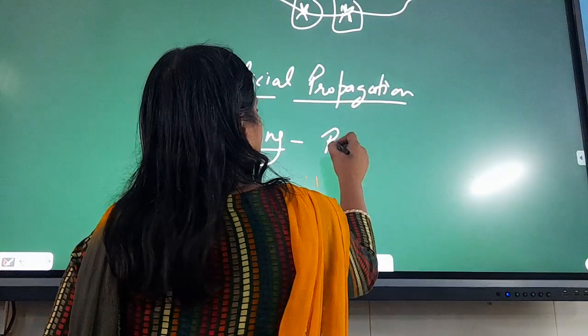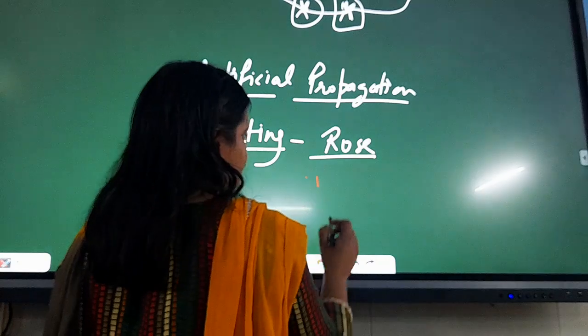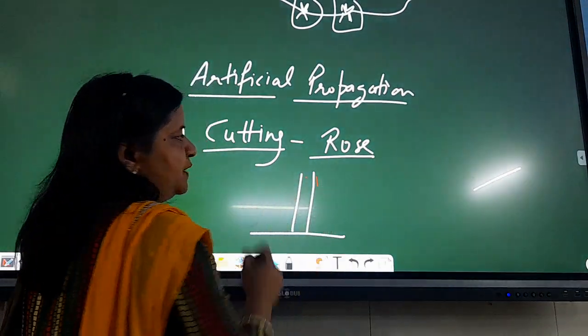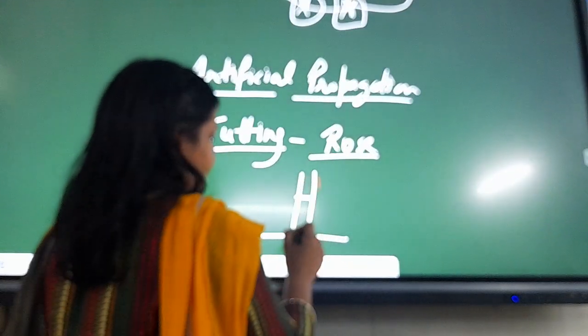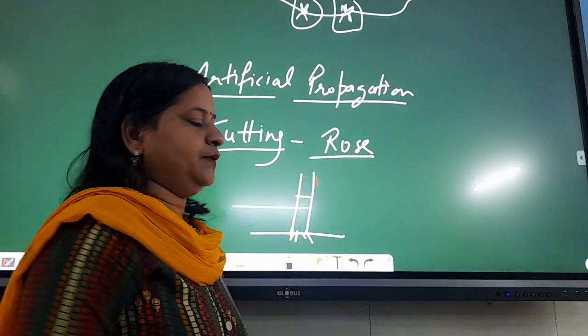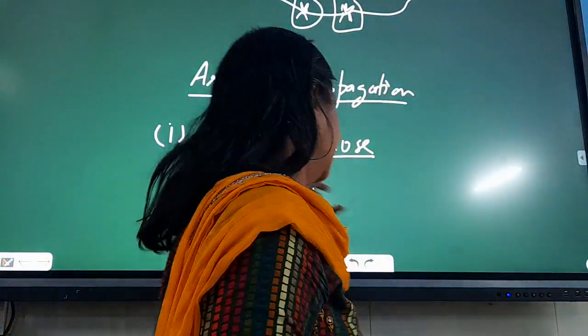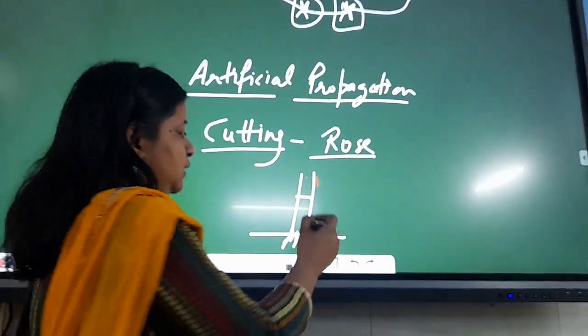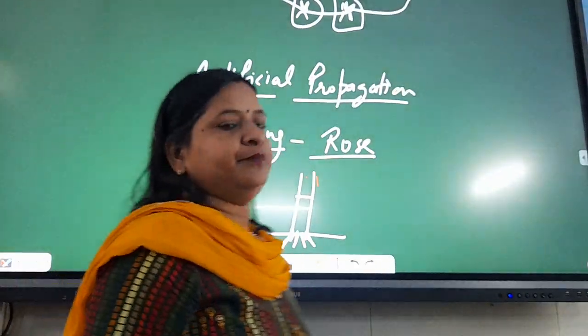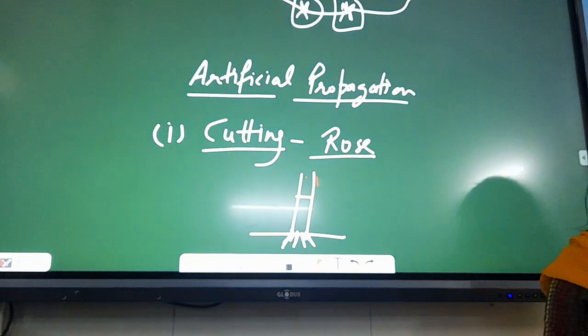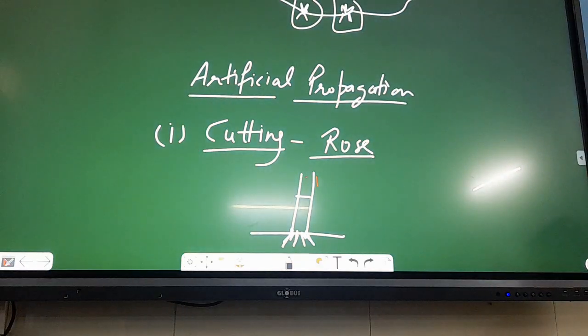Like you all have seen the rose stem. If we cut a piece of the rose stem and bury it in the soil, roots appear after it is buried. So it is the cutting method, in which one part of the plant is used to propagate.